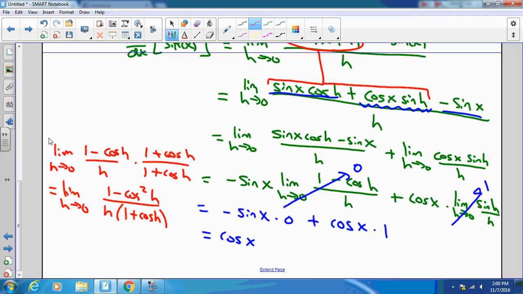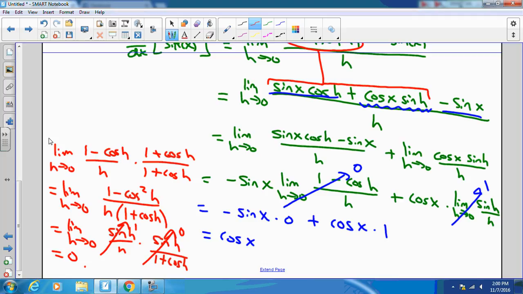But now 1 minus cosine squared is the same as sine squared h. And I can write this as sine h over h times sine h over 1 plus cosine h. Fair enough? This limit goes to 1. This limit goes to 0 over 2. And so the whole limit overall is 0.